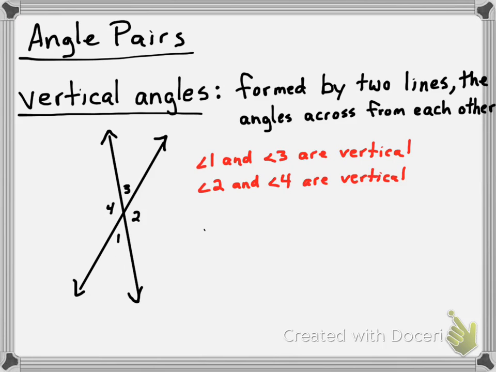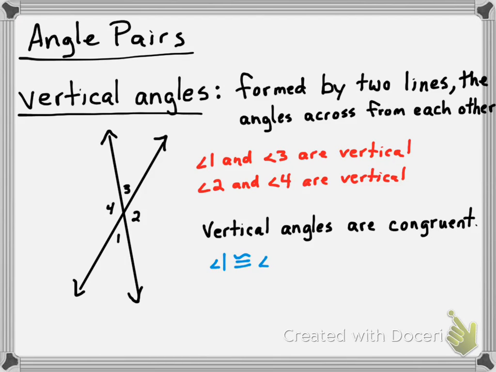Okay, now, why does that really matter? Okay, it matters because if two angles are vertical, then you know something about them. Okay, because vertical angles are congruent. Okay, and congruent means that they're the same, that they are equal.